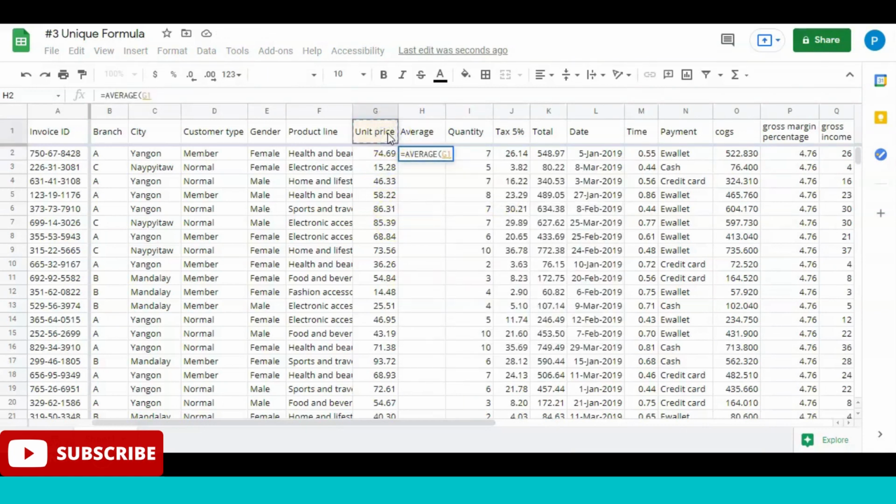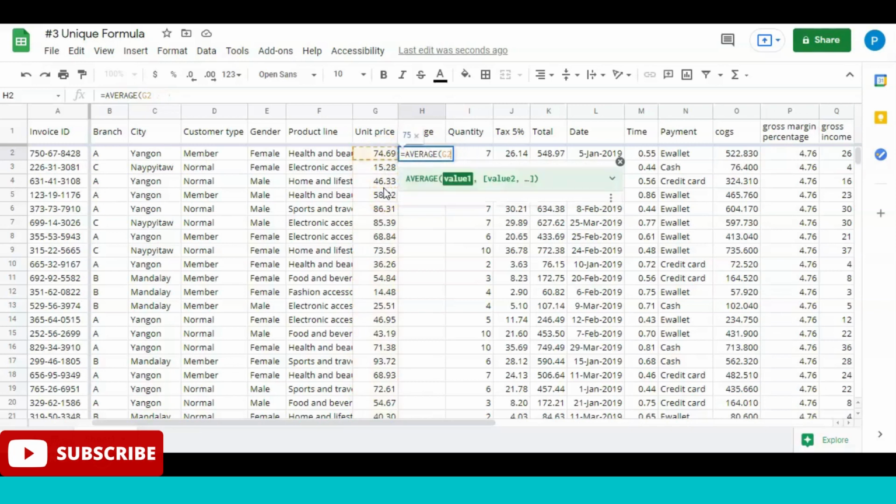Let's suppose I want to find the average value from only these 3 values, 74.69, 15.28 and 46.33. So simply I'll select only these 3 values, that is from G2 to G4. So this is value 1, value 2 and value 3.